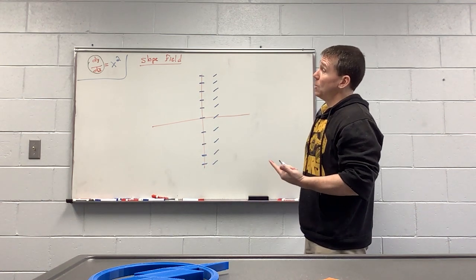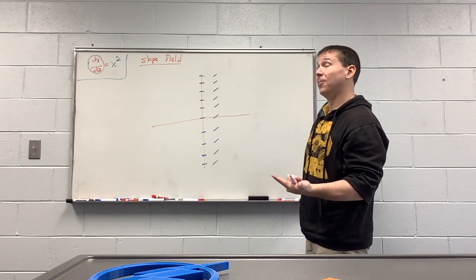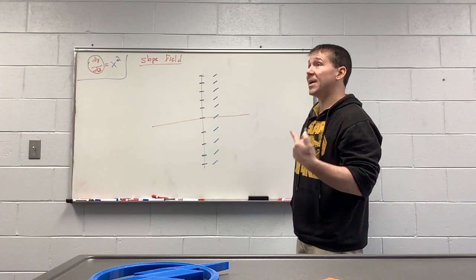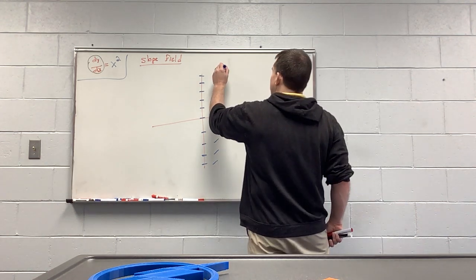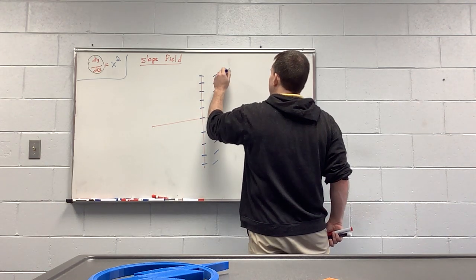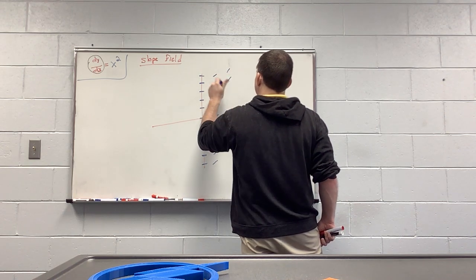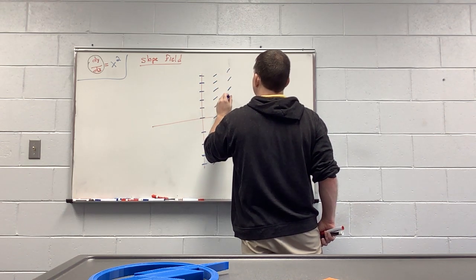When x is 2, I get 2 squared, which is 4, which is positive going up, but it's bigger than 1, so I make it steeper. So at 2, maybe I'll go like this. Once again, up to my ability to make these things look parallel.